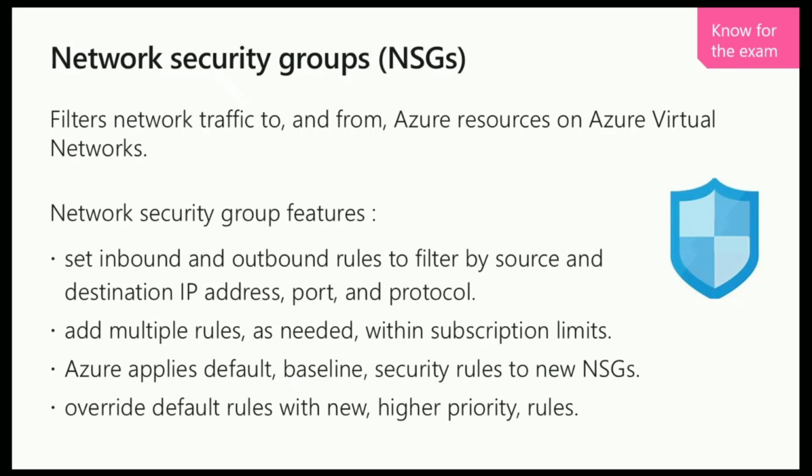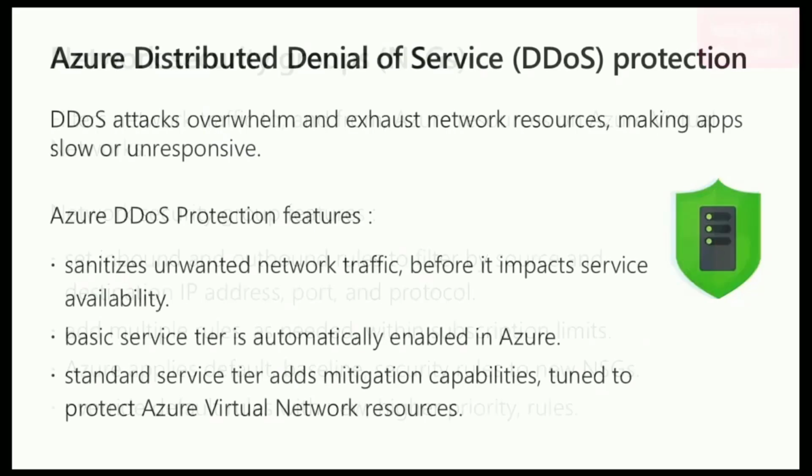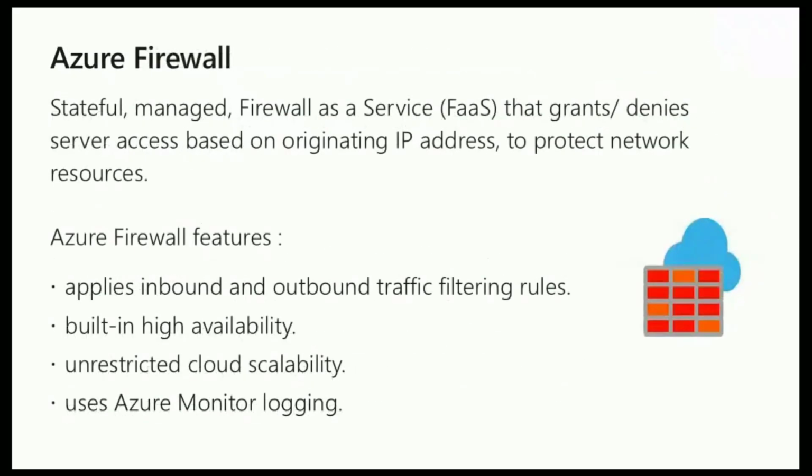But NSGs may not provide enough security for a business, so there's a couple other Microsoft products that I need you to know about for your exam success. One is Azure Firewall, which is effectively a software appliance that you plop on your virtual network. It gives you much higher security because the Azure Firewall is able to inspect traffic much more deeply than just an NSG.